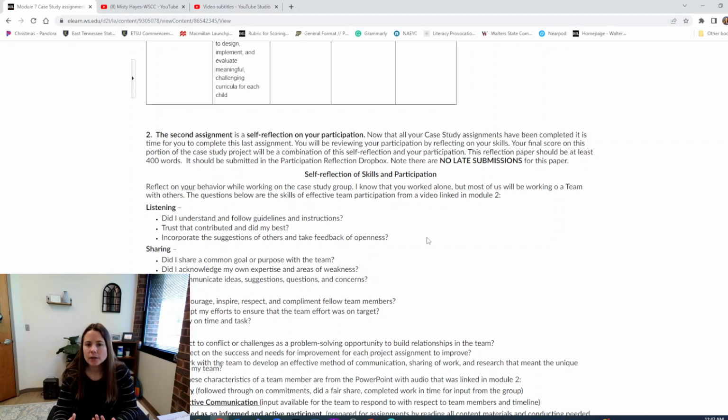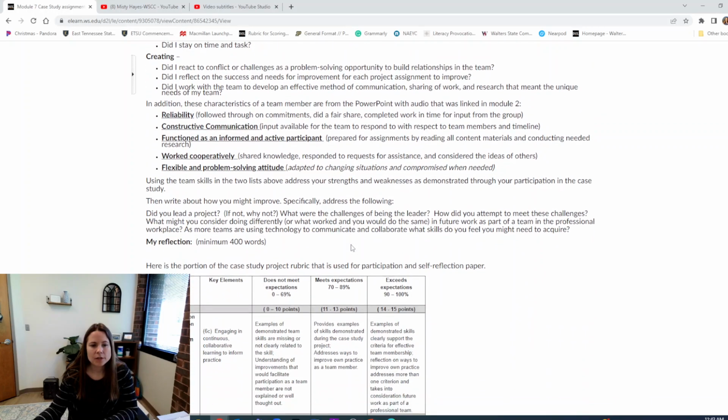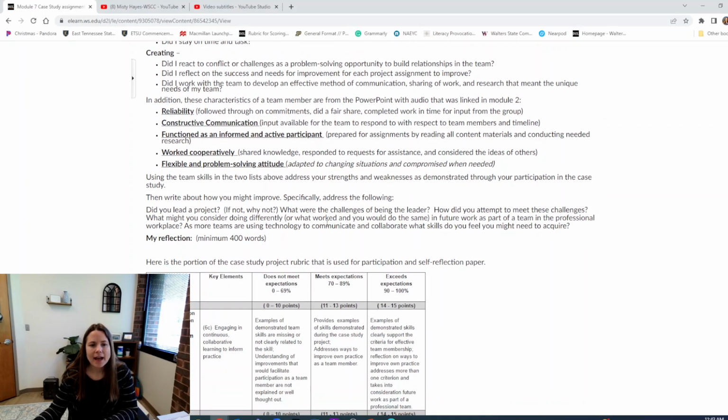So you are going to be part of a team. This section really lets you look at how you participated. How would you do on a team if you were really working with this case study child and you were really working in a group? So I want you to answer these questions, right? And how can you improve? You need a minimum of 400 words.